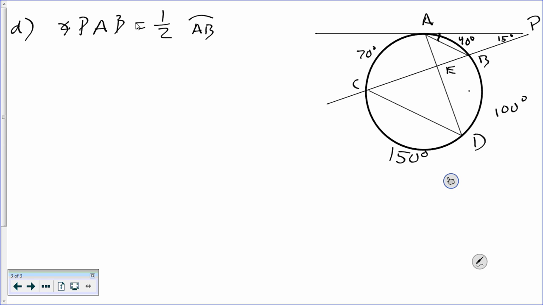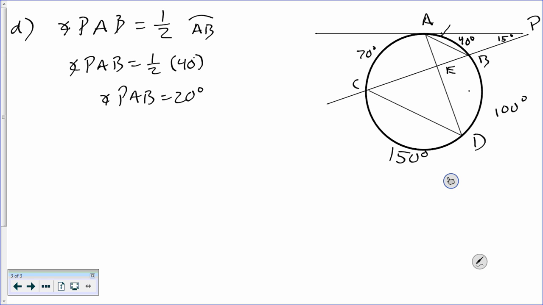Again, it's not a complicated rule, but just one more thing that you have to remember. Anyways, angle PAB is equal to 1/2 of 40 degrees, which we found earlier, which means that angle PAB is equal to 20 degrees, okay?